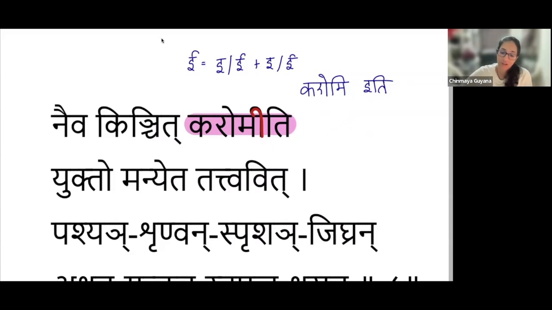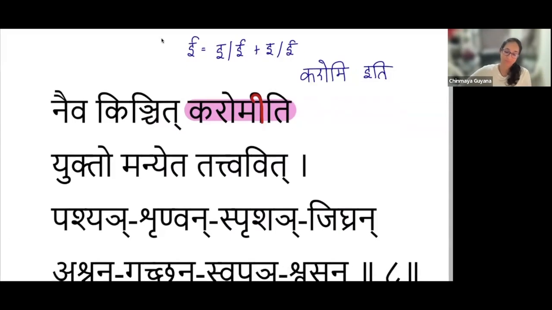The words are karomi, short E. It's similar to ami, actually. This is actually a verb. And then iti. Iti is an indeclinable that you all know now. All right, move on. Karomi iti.